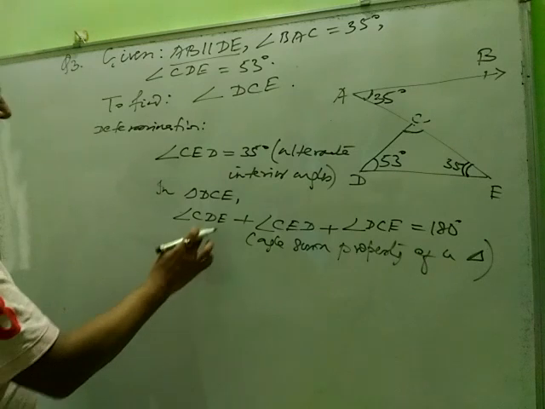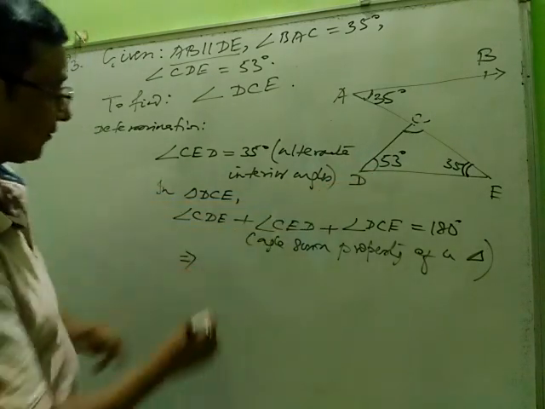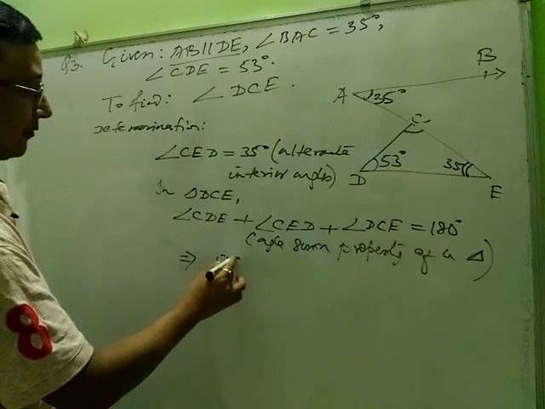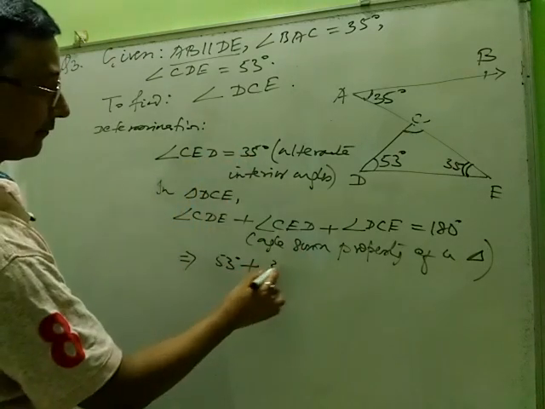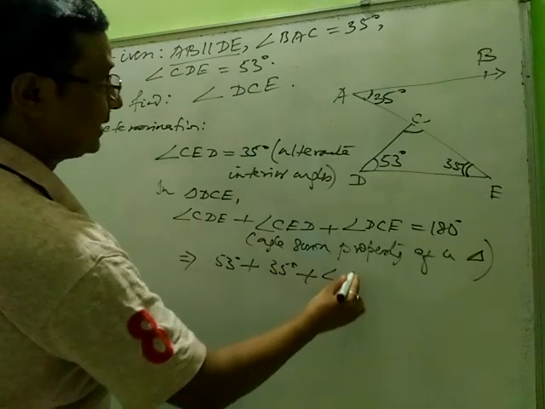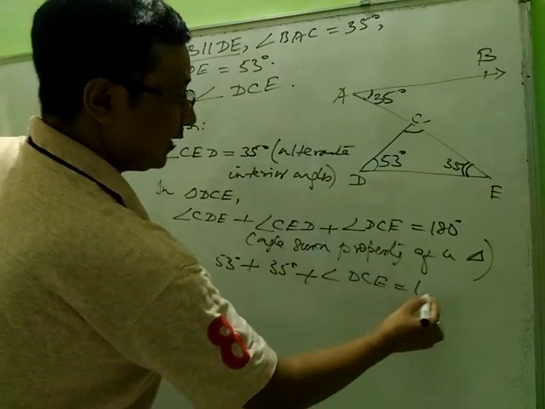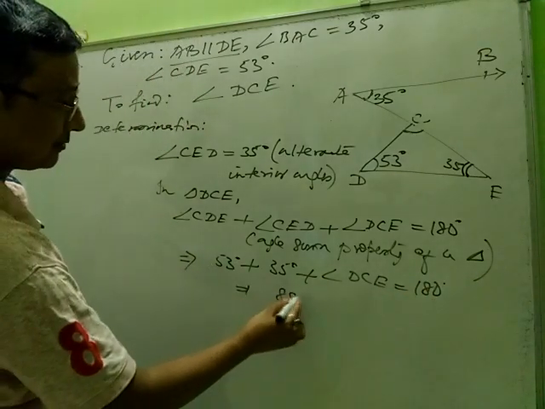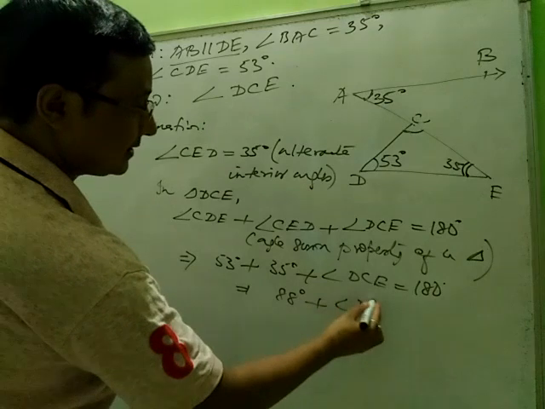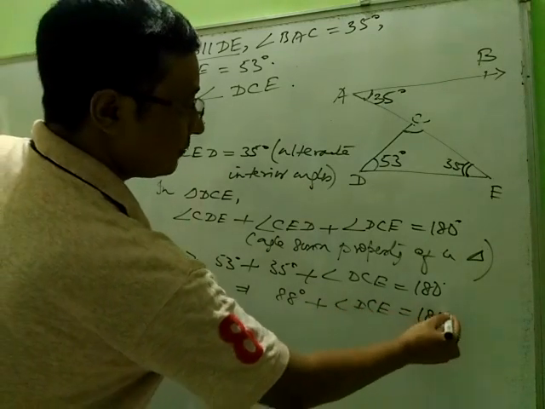Now D is given as 53, so 53 degrees plus angle E, which is 35, plus DCE equals 180. So 88 plus angle DCE equals 180.